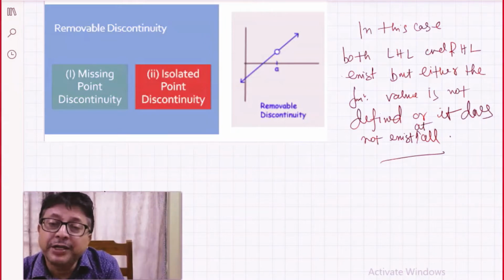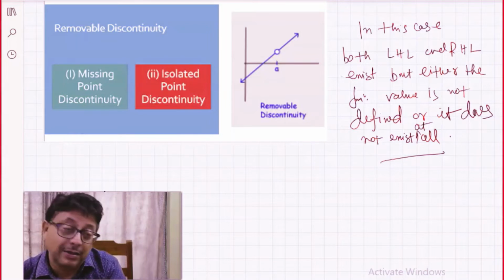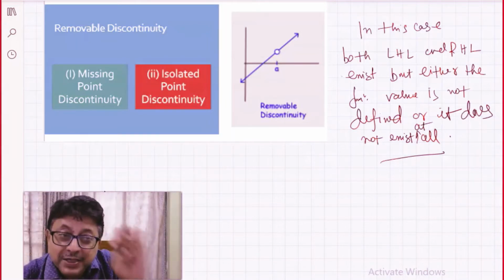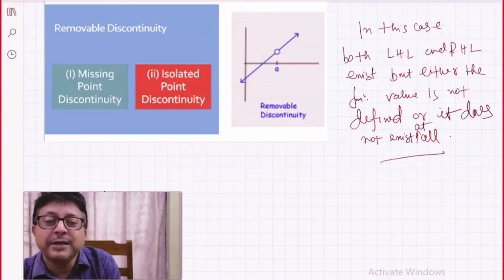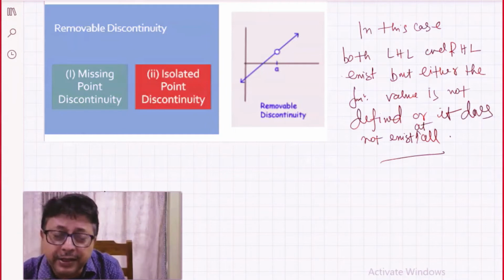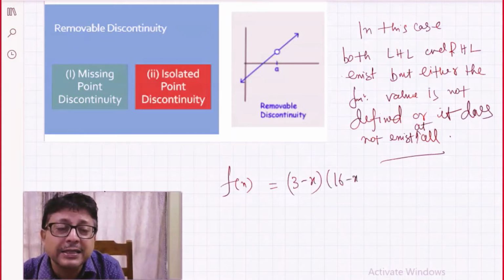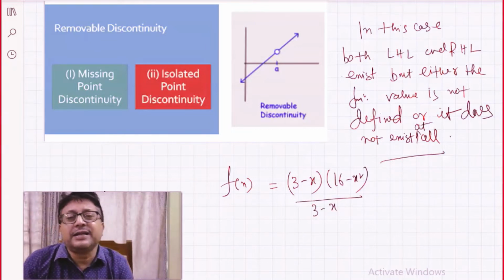For a missing point discontinuity, at that point, the functional value is not defined. That's why it is missed. Missing point means something is missing. Which one missing? Just let me take one example here. Let f(x) equal to (16 minus x square) by (3 minus x).